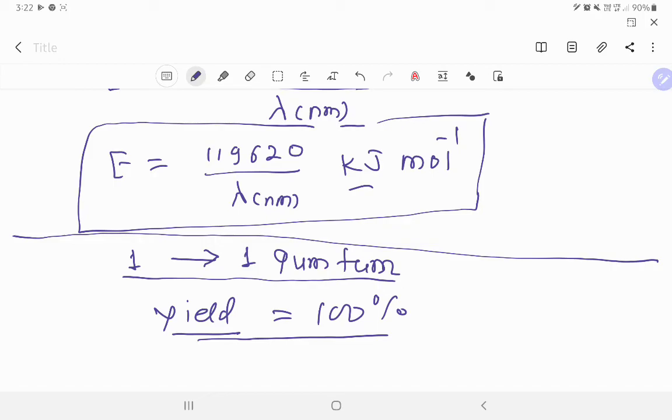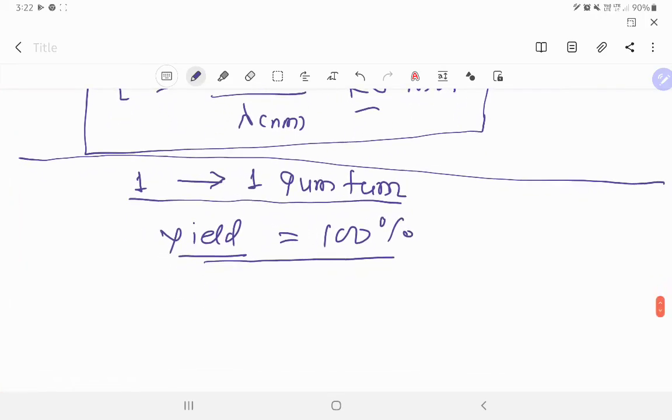But in photochemical reactions, instead of saying only yield, it is written as quantum yield. It is known as quantum yield. Quantum yield means the number of molecules or atoms, ions, whatever may be in the reaction system.